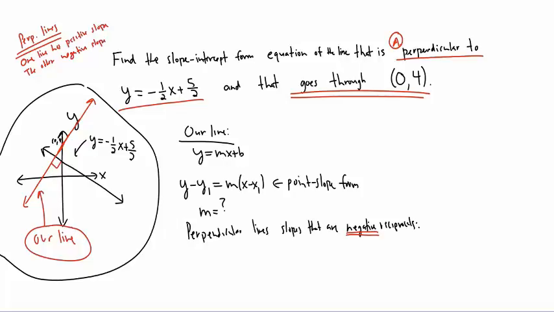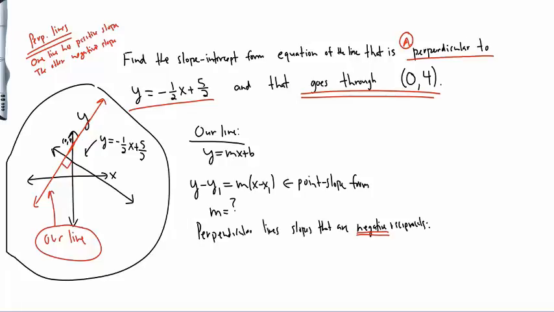So for perpendicular lines, their slopes have different signs. So if you were to just take the reciprocals, you would have slopes with the same sign. You must include the negative.